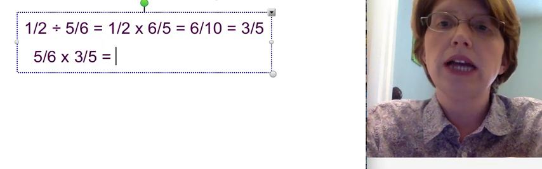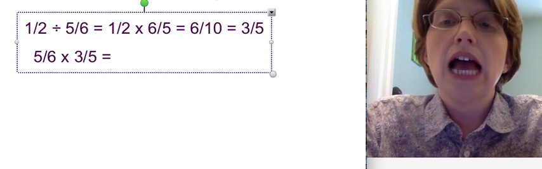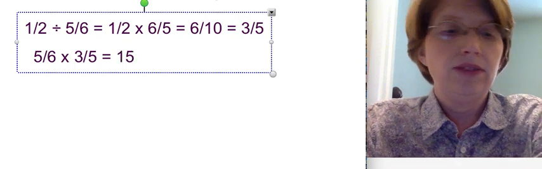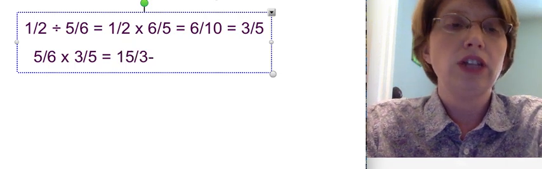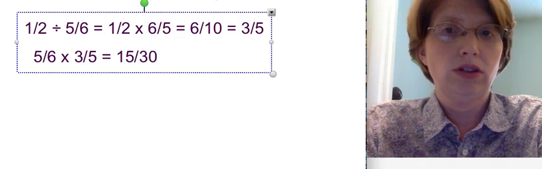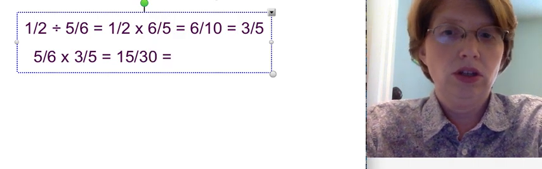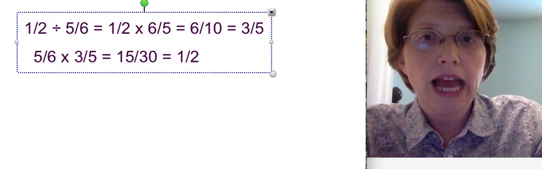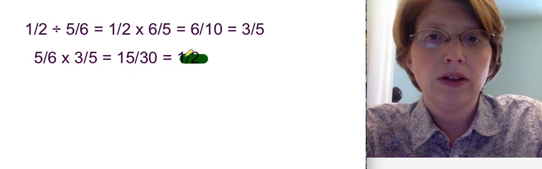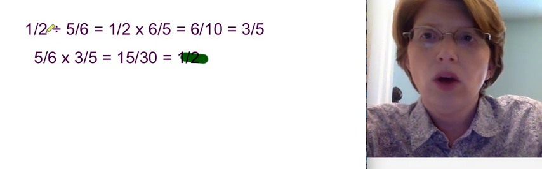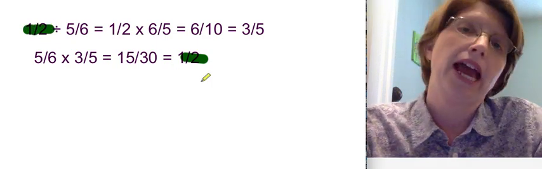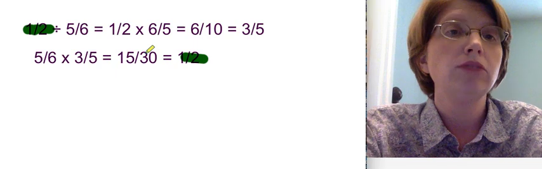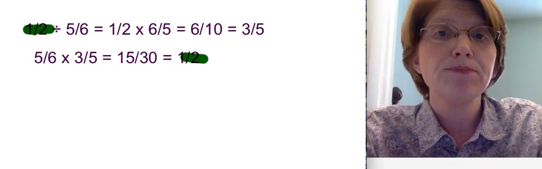And if I multiply straight across, I get 15 over 30, which can be reduced to 1/2. And so this 1/2 winds up being the same as this 1/2, okay? Which is what I'm doing, it's checking, okay?